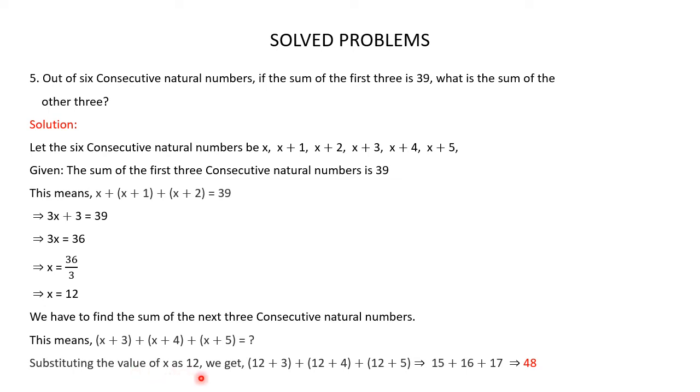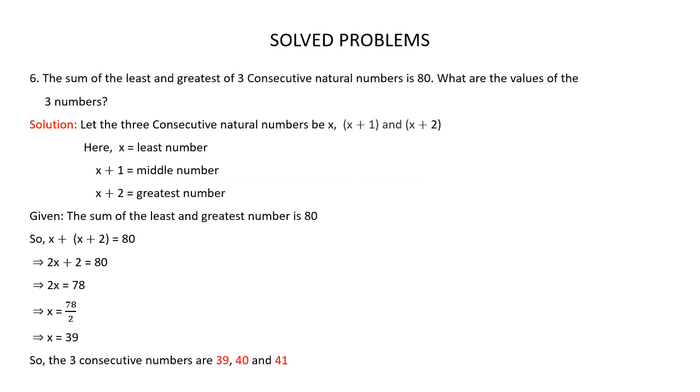Substituting the value of x as 12, we get 12 plus 3 plus 12 plus 4 plus 12 plus 5, which is 15 plus 16 plus 17. The answer is 48. So the sum of the other 3 consecutive natural numbers is 48.